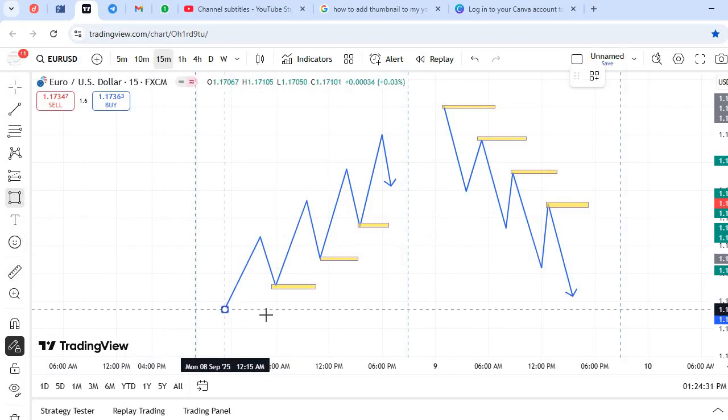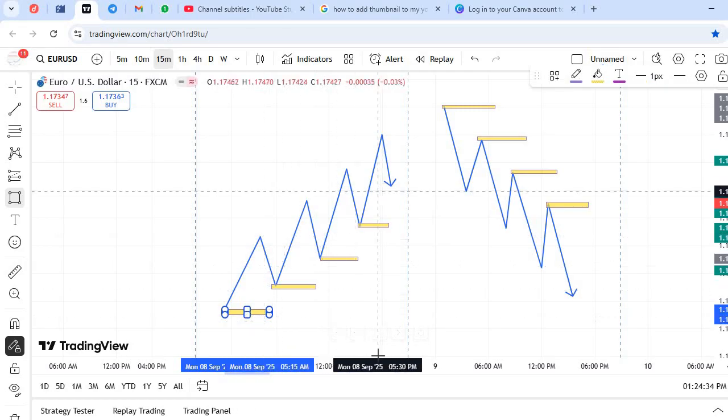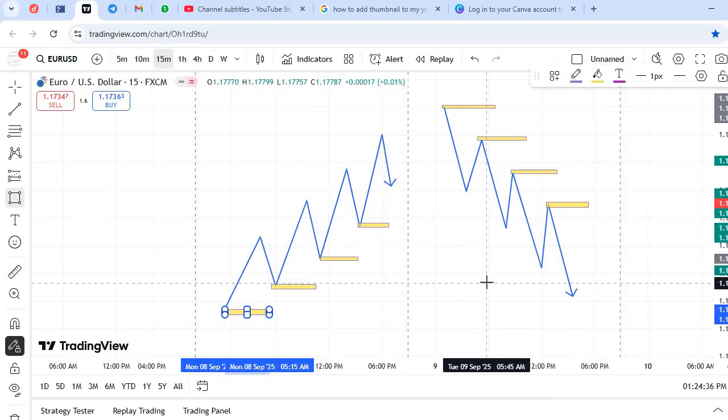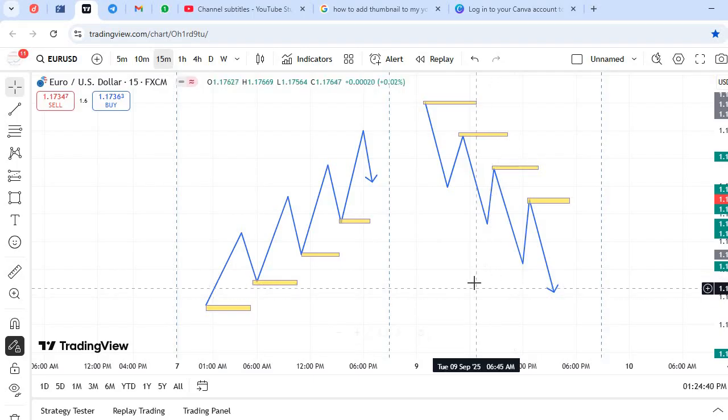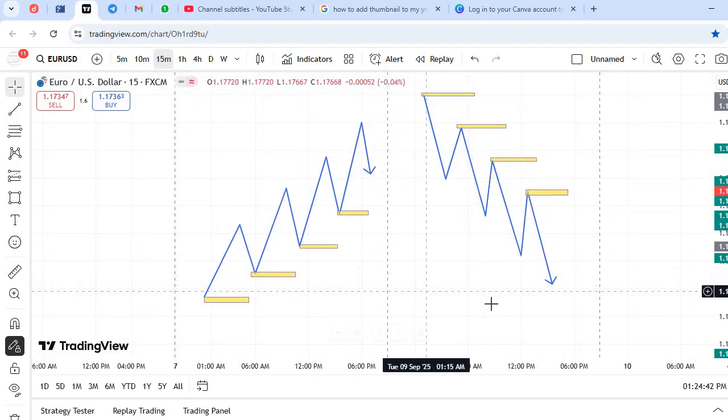For an uptrend, the low sustains the high, so the low must not be taken out. Can you see? But that is not even our point of discussion today. We are looking at the Fibonacci retracement.